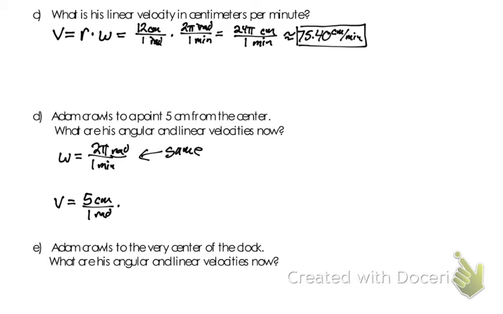Remember, we don't need those rads. I'm just doing it so you can see them cancel out. We have 10 pi centimeters per 1 minute, which approximately is, correct me if I'm wrong, 31.42.